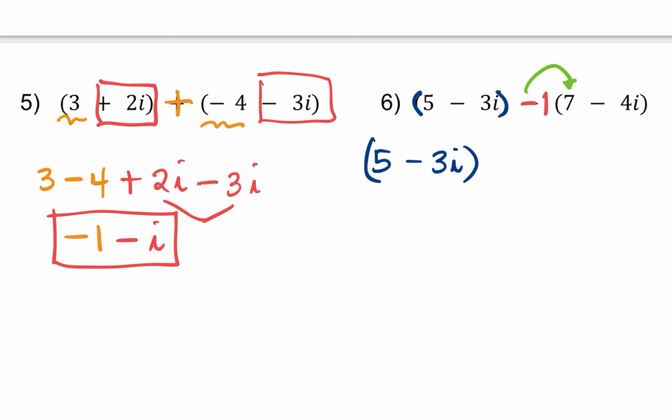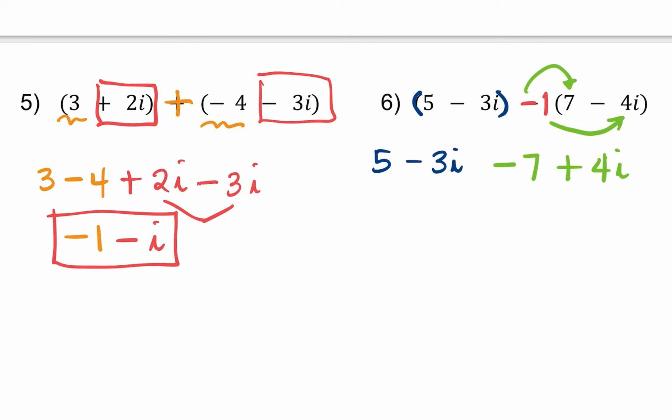So negative 1 times 7, that would give us negative 7. And we also distribute that to the last term. So negative 1 times negative 4i, that is going to be a positive 4i. So for the first term, we can just drop the parentheses, and yes, you can do that. And now let us check on the numbers that we can combine.